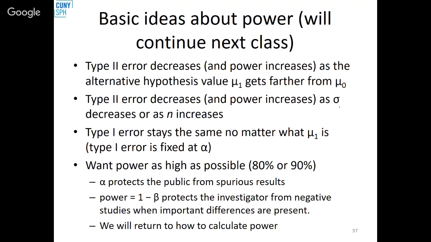That is, the easier it is to see a true difference. The more the population variability decreases or your sample size increases, that also increases your power.